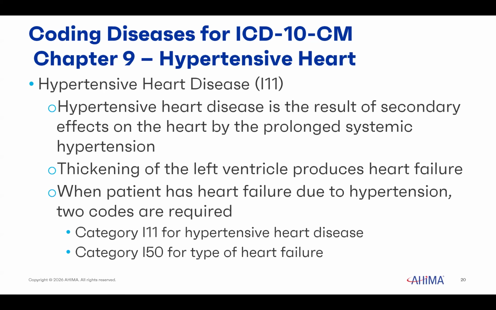We have a code for I-11 for the hypertensive heart disease and a code from the I-50 category for the heart failure. In this case, we definitely would not code the I-10. It's understood that the hypertensive heart disease includes the hypertension by its definition.